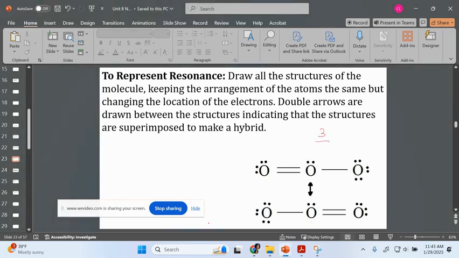How many bond sites? 2. So its bond order is 1.5. Just kidding. 1, 2, 3 bonds. This drawing down here is the same as this one. It's just showing the double bond on this side and the double bond on this side. Either one of these drawings would be valid. You know valid, yes? Okay.